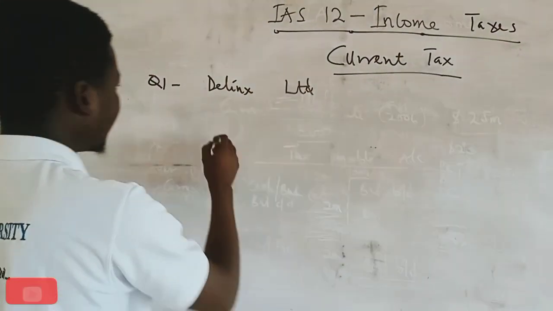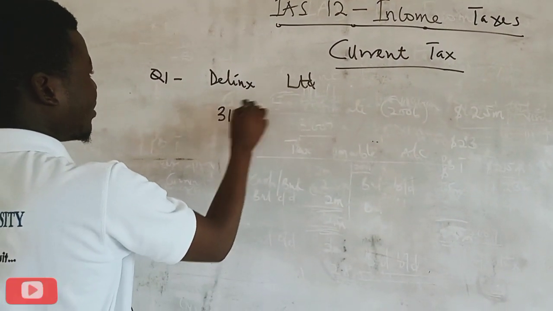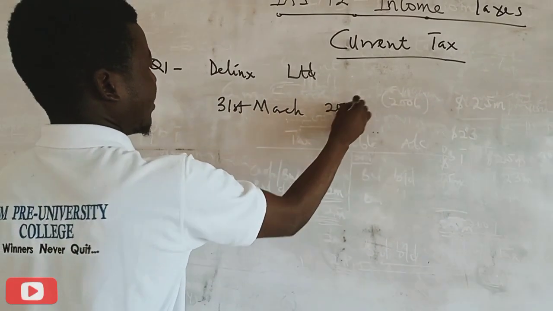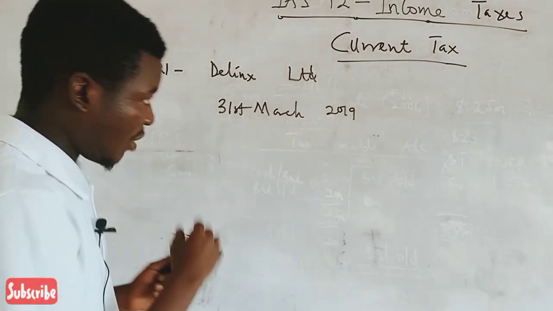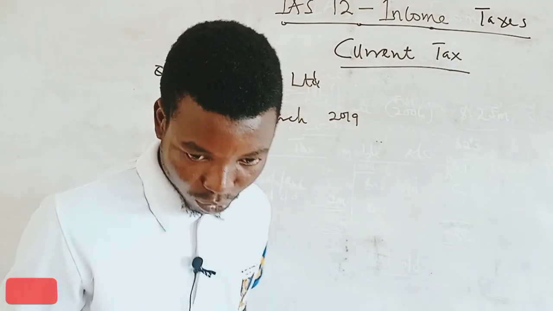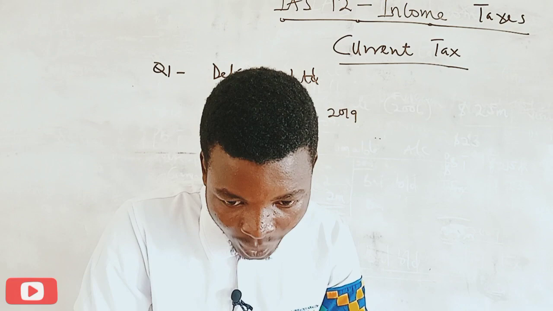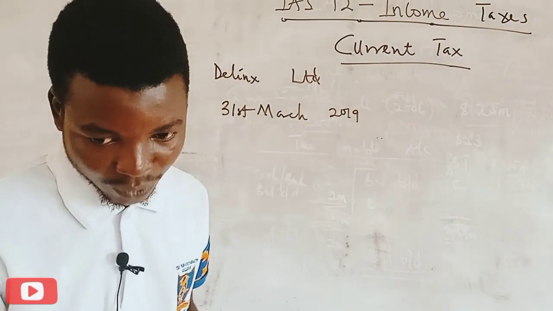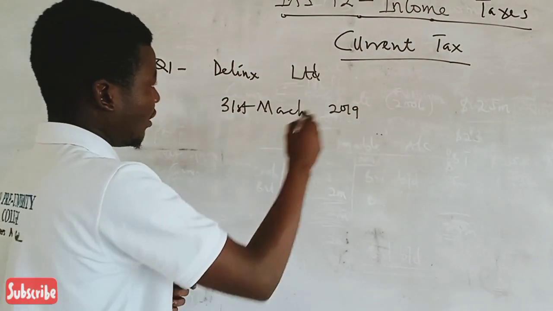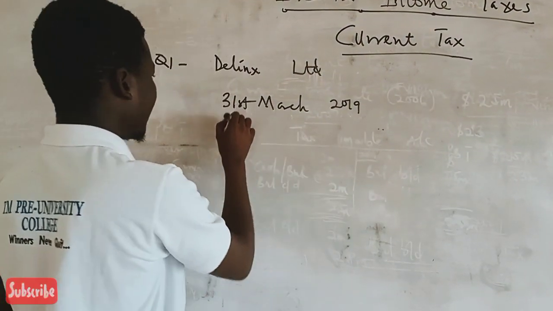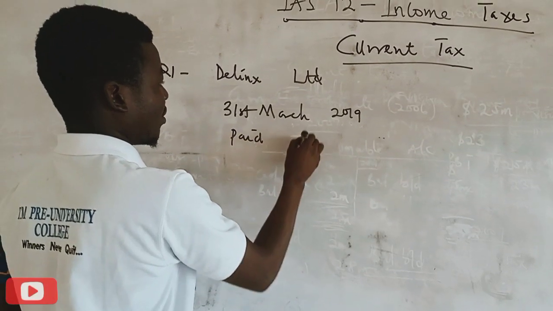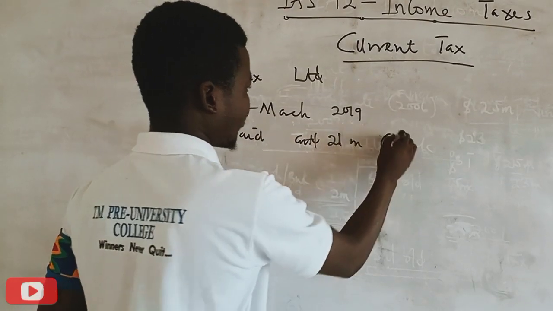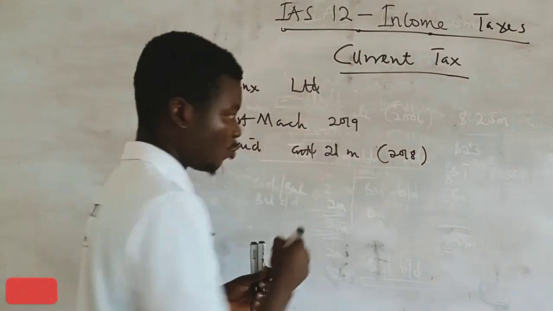So we are reporting for 31st March 2019; the reporting period is 2019. Take note of that, it's very important. So in 2019, we paid a tax of 21 million in respect of a tax liability in 2018.